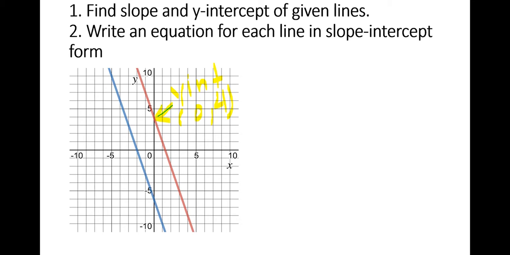For the rise over run, it's going down by 3 and right 1. So our slope is negative 3 over 1.